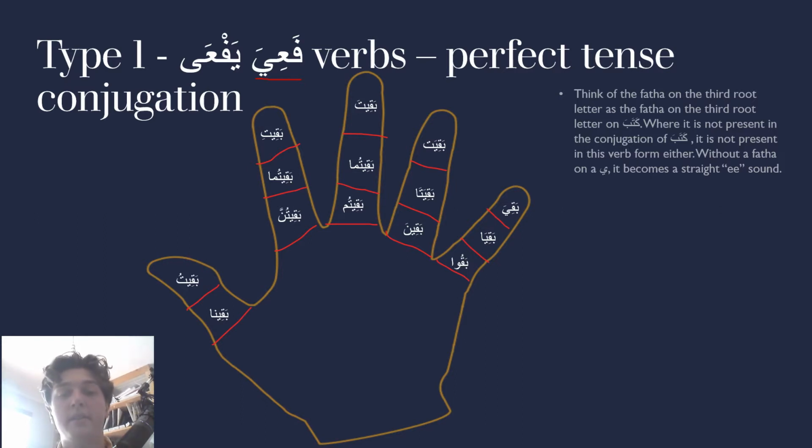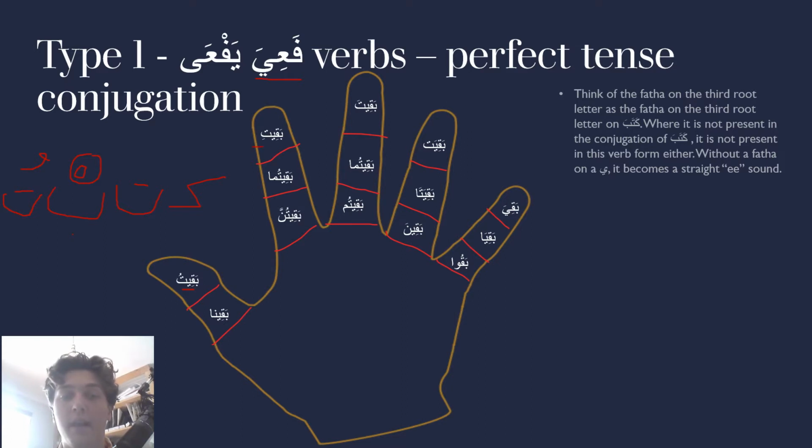Can you notice that katabtu, so I'll write it separate with separate letters, katabtu, has a sukun on its third root letter. So where there's no fatha on this third root letter, we remain with the sound e in the perfect of a fa'iya verb. So we get bakitu.